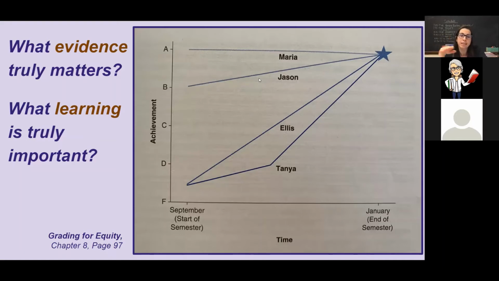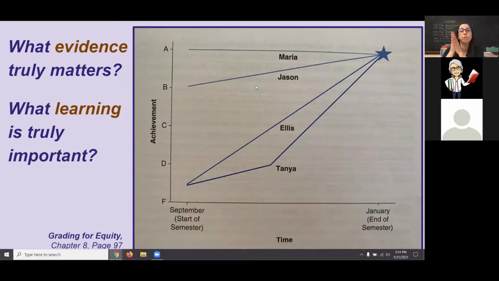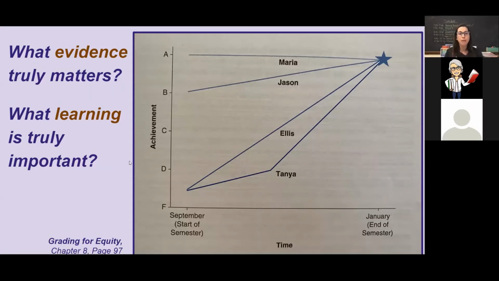Tanya and Ellis had to work harder, do extra sessions, etc. From September to January, they all ended up at the same point. And what happens is if you use the math where you're averaging, Ellis and Tanya, even though they ended up in the same spot, won't get the same grade if you go by the mean.